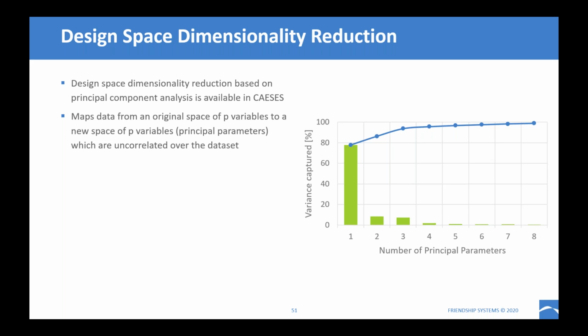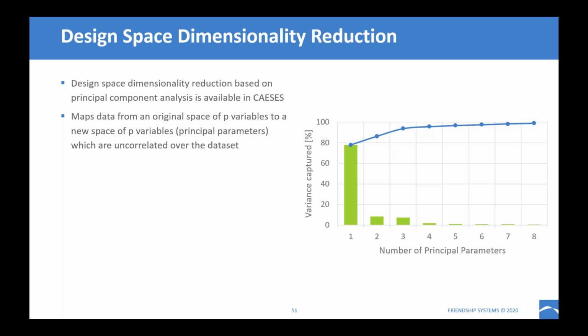And the approach here with the principal component analysis works basically in a similar way like eigenvalue analysis. So you create a large variation of the geometry. You run a DOE with just the geometry variation, no computations, which gives you a large spectrum of design variants that you can create.